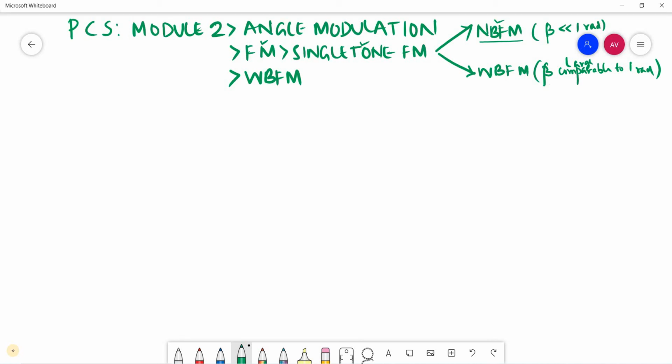The other case, which we discuss in today's session, is wideband FM, when beta is large compared to 1 radian. Then we cannot apply the approximation of beta being small, so wideband FM can be considered as the case of single tone FM for any arbitrary value of beta. This is what we are going to discuss today.